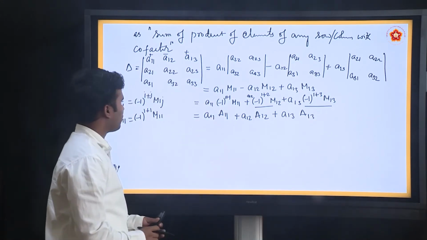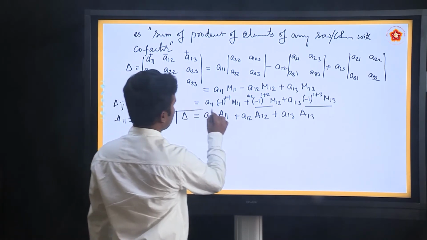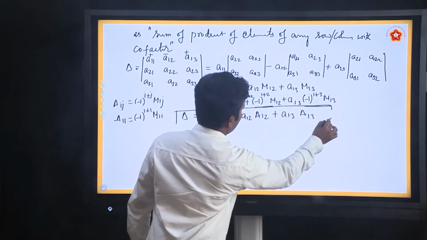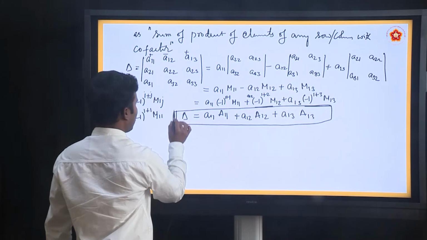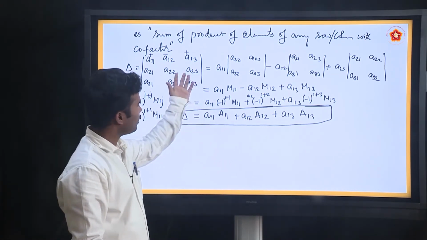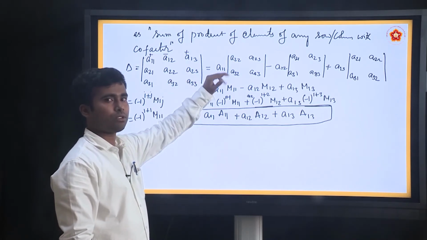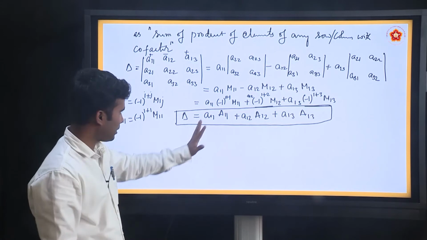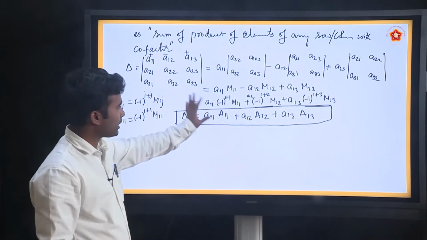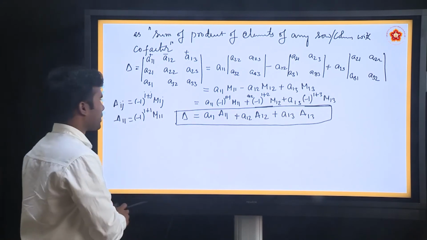See, this is how we can expand the determinant in a very compact form by using minors and cofactors, understand. This is along row 1. Similarly, we can do it in another 5 ways, which is row 2, row 3, C1, C2, C3. In that way also we can expand it. We can put down the expansion of the determinant in this format, okay. This is a very compact form.